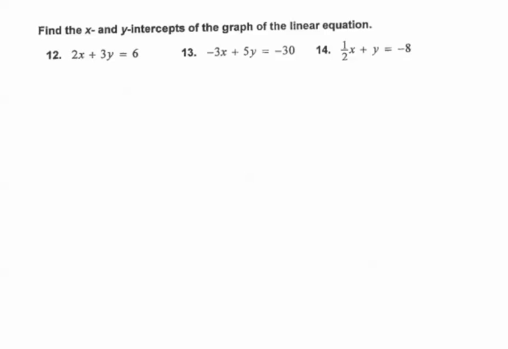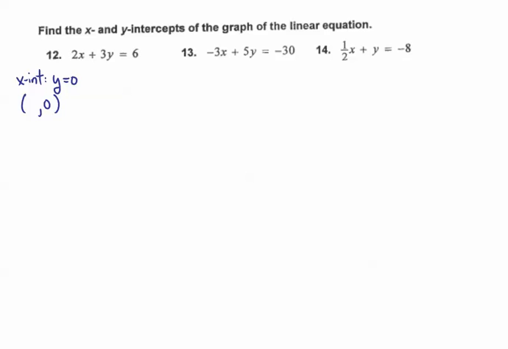Okay, so what we're asked to do here is to find the x and y intercepts of the graph of the linear equation. How do we find the x and y intercepts? Recall, for the x-intercept, that's where the graph crosses the x-axis, we know that y is always equal to 0. And so we have the point something comma 0.